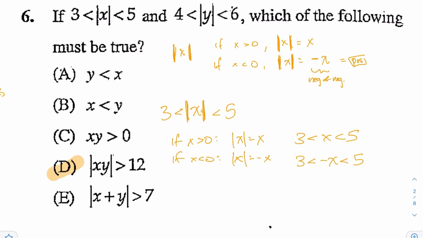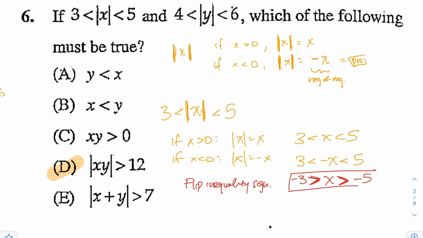And here, if you want to multiply all the sides by -1, you have to flip the inequality sign. So you always want to flip the inequality if you want to multiply or divide by -1. So you have -3, -5, now positive x, and the inequality sign gets flipped.